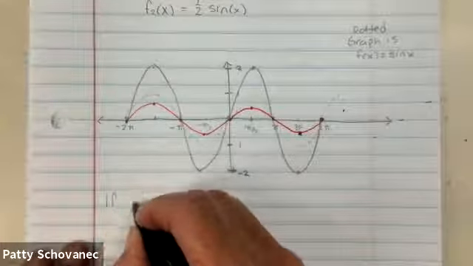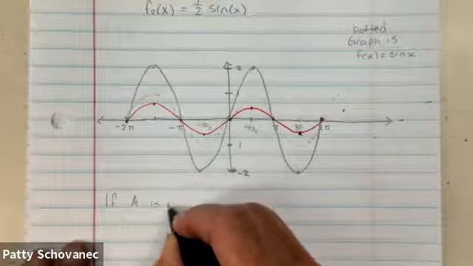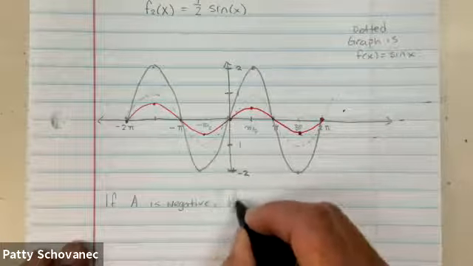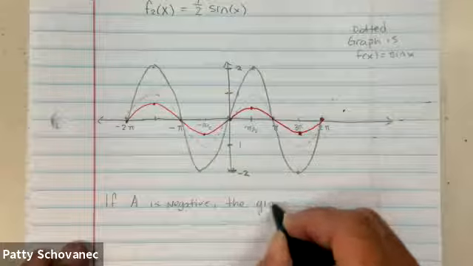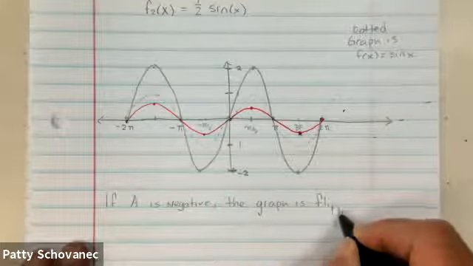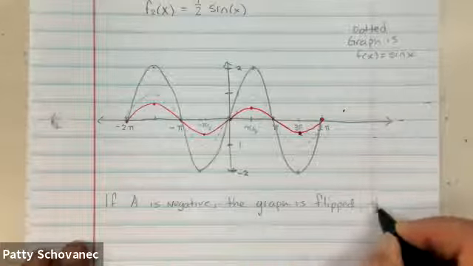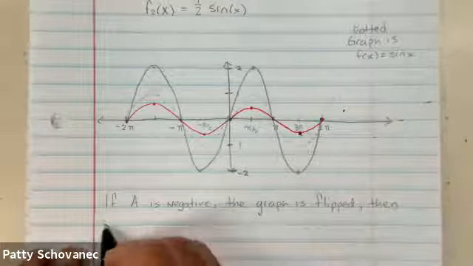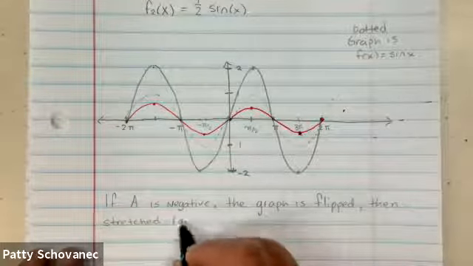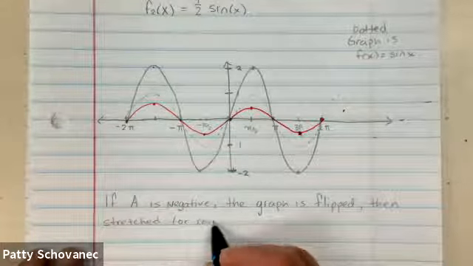If A is negative, the graph is flipped. Then stretched A units. Or compressed if A is a fraction.